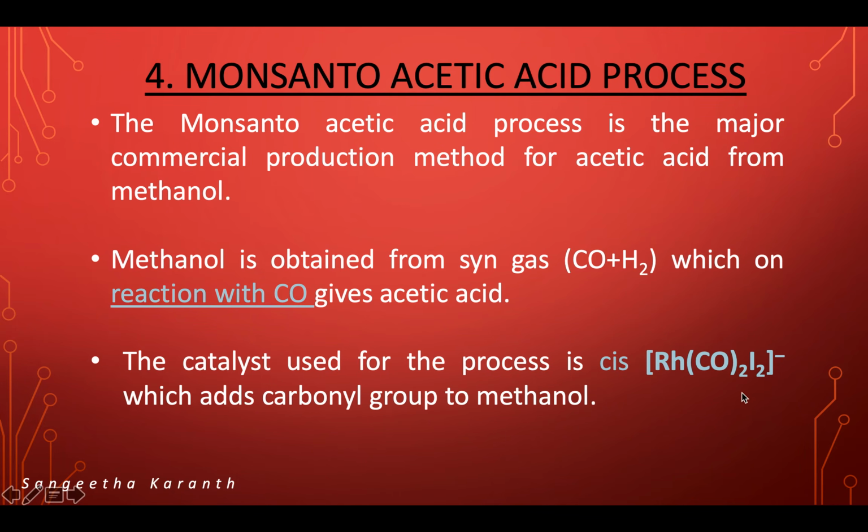This catalyzes the conversion of methanol to acetic acid, and this conversion is referred to as the Monsanto acetic acid process. Using this method, a large amount of acetic acid is being produced.